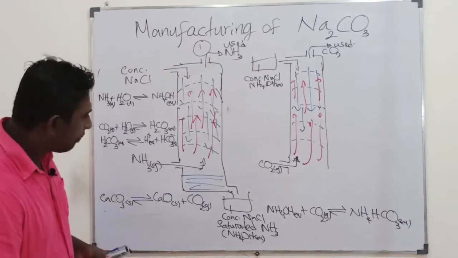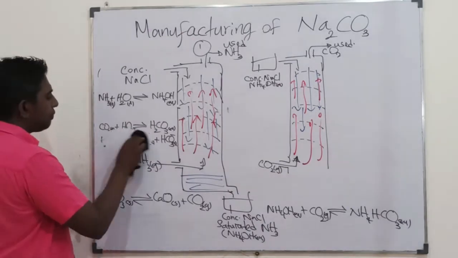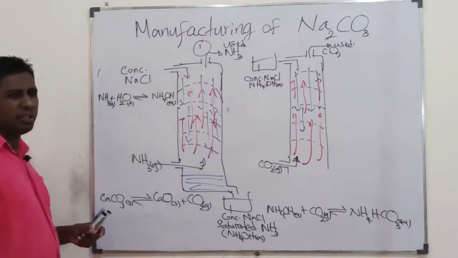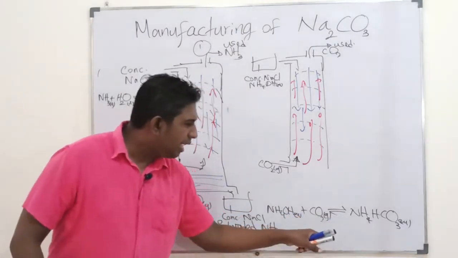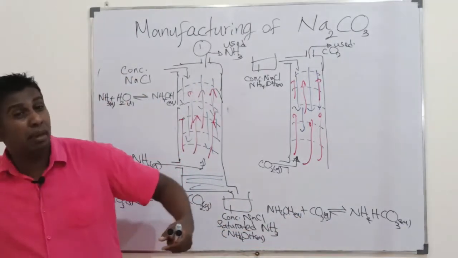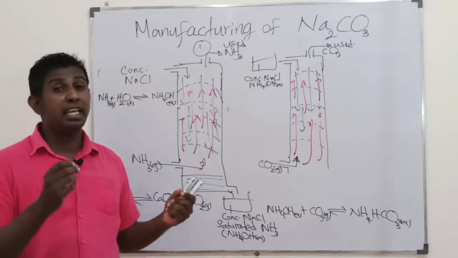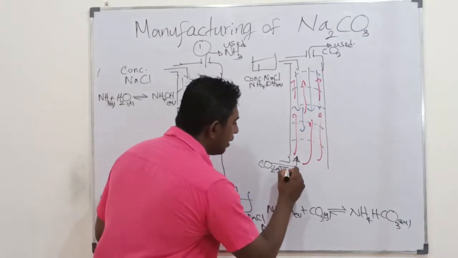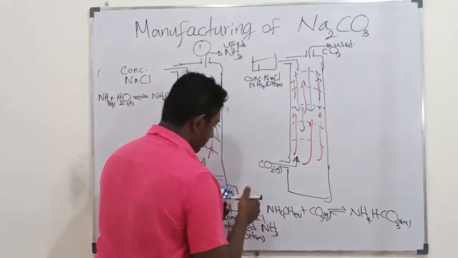Students, these are just to explain what is happening there. If you would straightforwardly give the reaction when you pass carbon dioxide at the bottom of the second tower, you would collect the second solution at the bottom.